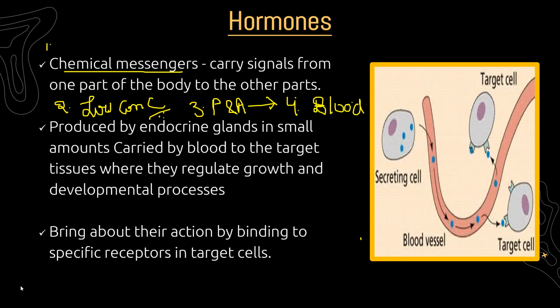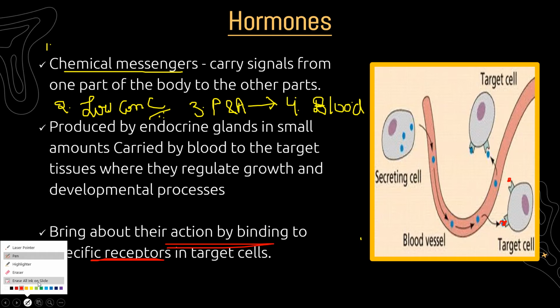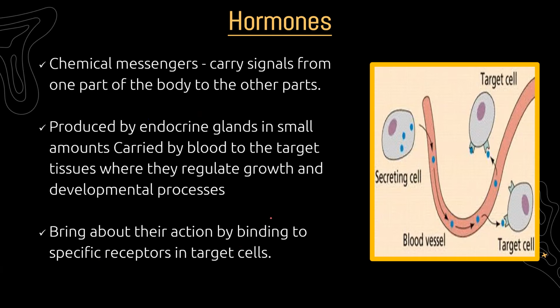The unique point here: any kind of hormone in our body, if it wants to show its action, the hormone has to associate with the receptor present on the targeted cell. What I'm trying to explain is, if the hormone wants to bring about its action, it is mandatory, necessary, compulsory, that it attaches to the specific receptors present in the targeted cell. Never get confused with that.